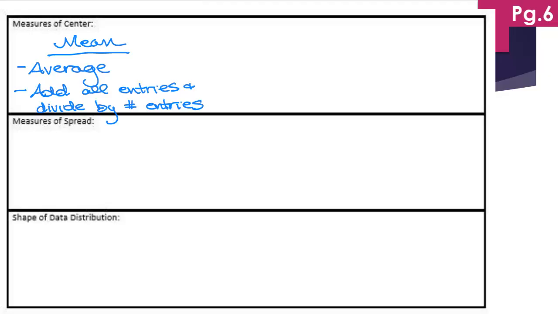The second measure of center that we can use is called the median. M-E-D-I-A-N. Does anybody know what the median represents? The middle, yes. So this is the middle number.